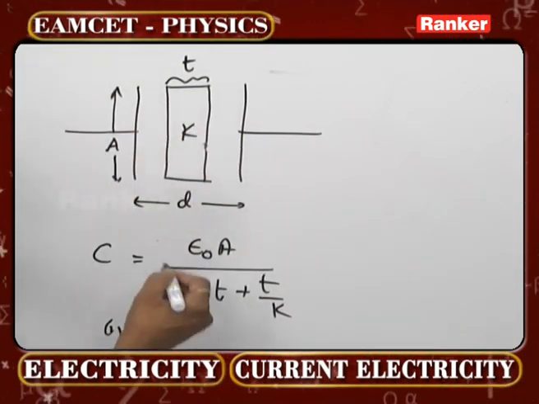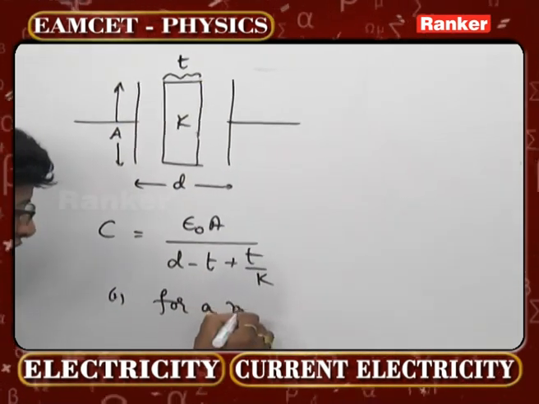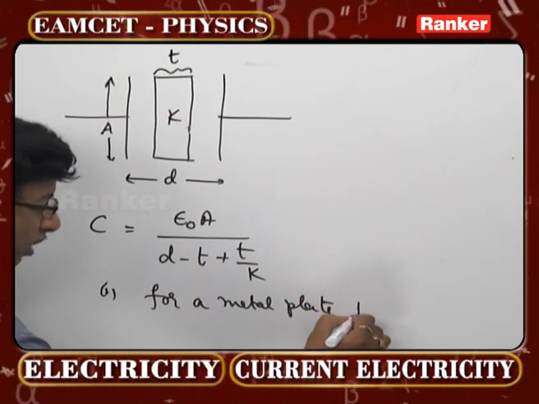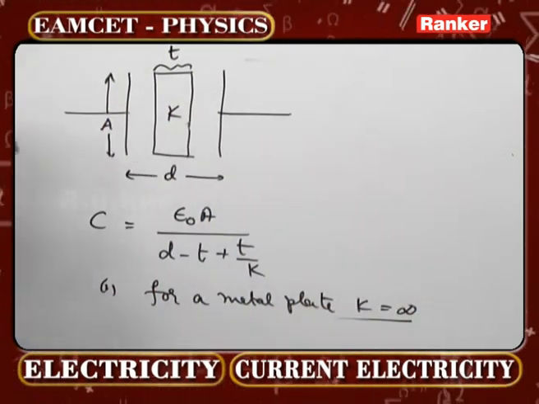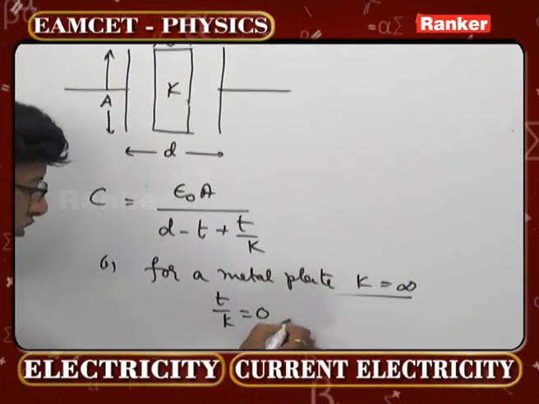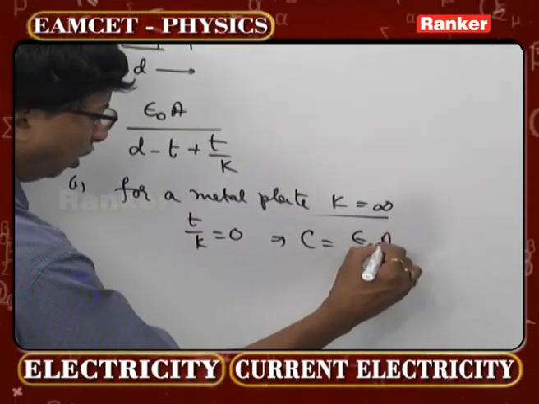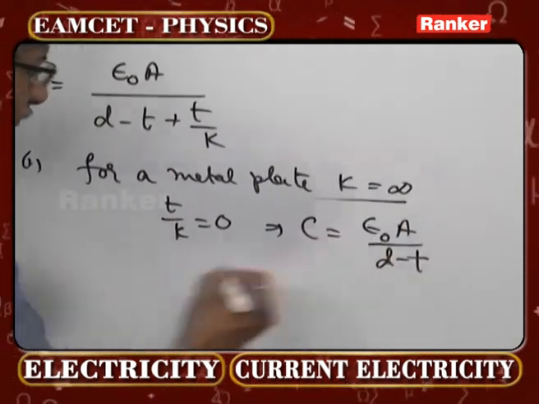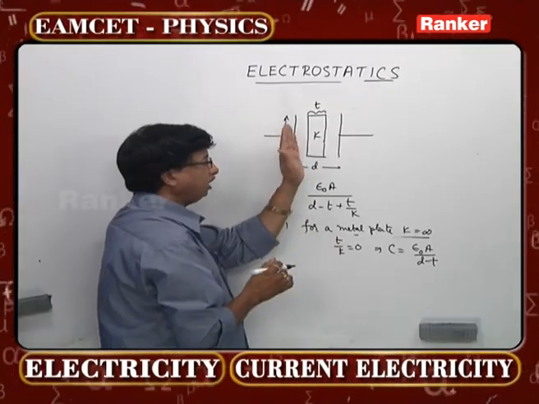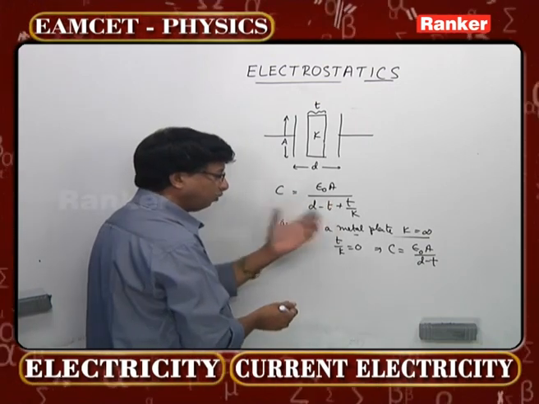Suppose the plate we are using is a metal; for a metal plate used as a dielectric, K is infinity. Therefore, T by K becomes 0. Thereby, C becomes epsilon naught A by D minus T. That is the formula when a metal plate of thickness T is taken as the dielectric in between the plates.